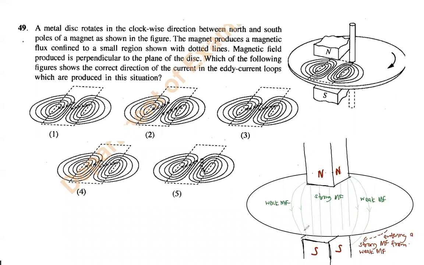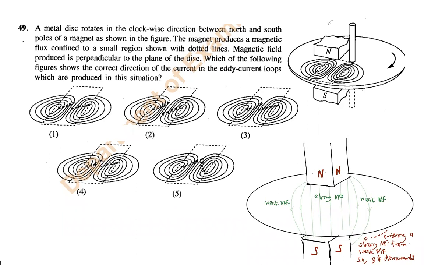What is happening to B? B is increasing downwards. North is up still. B is increasing downwards from here.